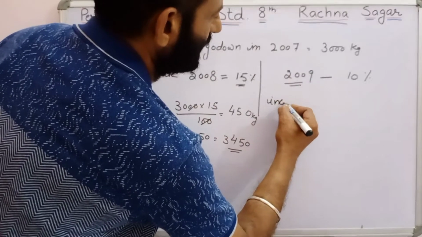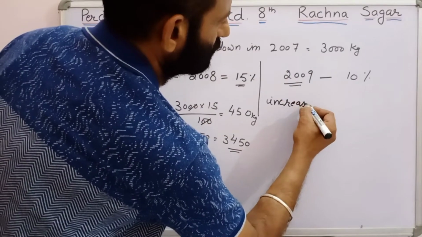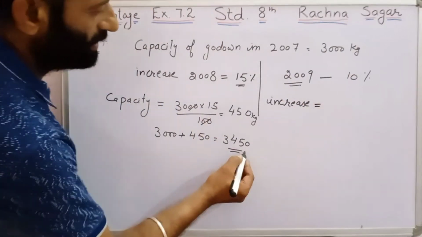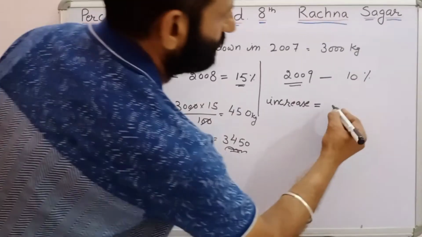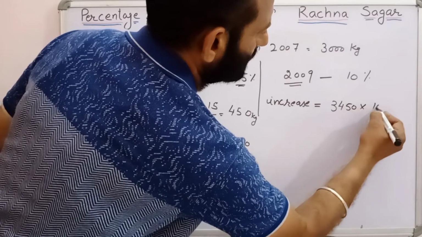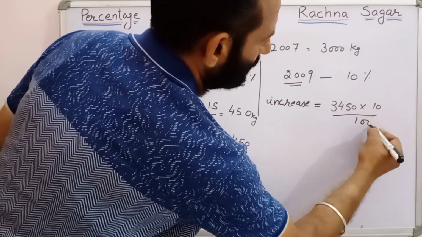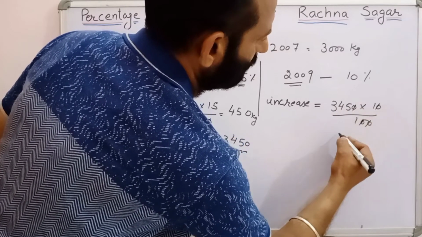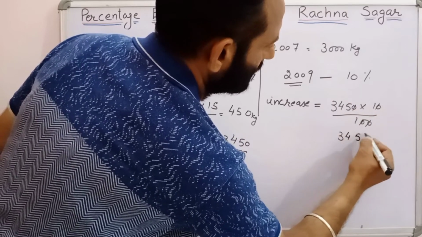Again it is increased by 10% in 2009. Therefore increase in capacity in 2009, now it is increased of 3450, 3450 into 10%, it is 345 kg.